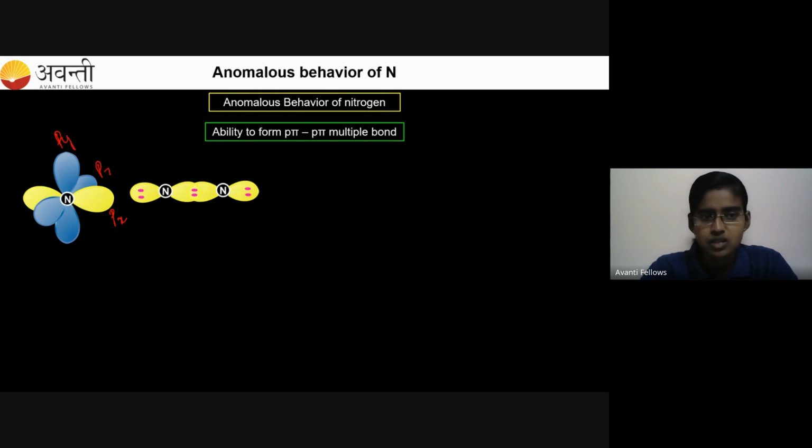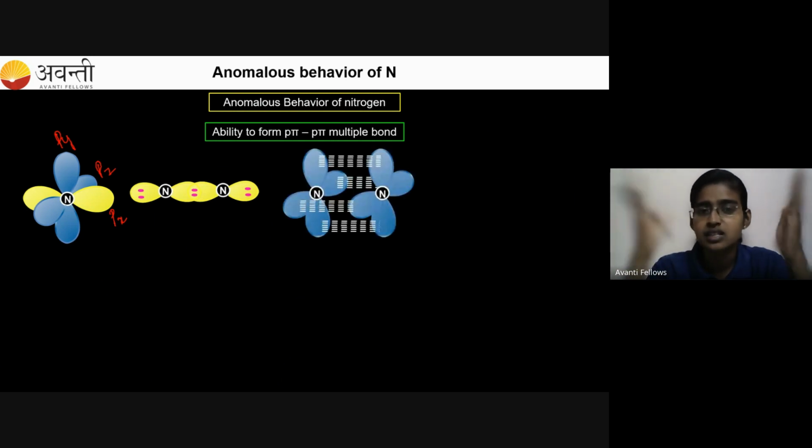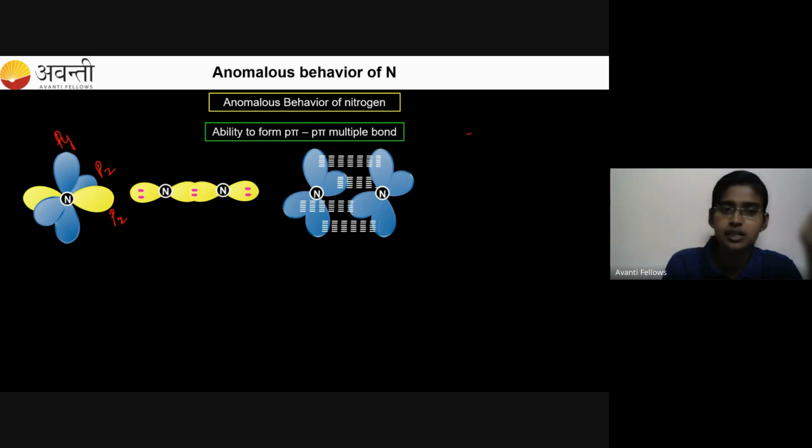Among these 3 orbitals, the px orbital is overlapping in a head-on manner with the other nitrogen to form the sigma bond. Now the blue color orbitals are overlapping with the other nitrogen in a sideways manner to form the pi bond.